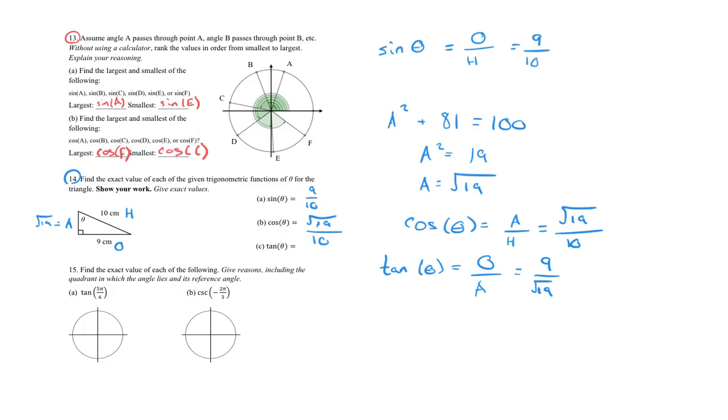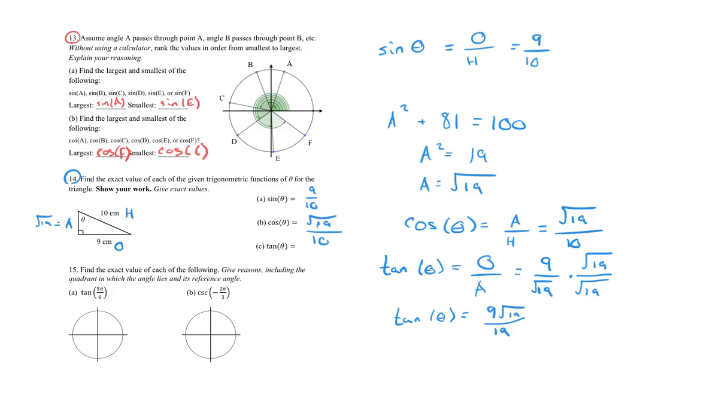So what we can do is take this and multiply it by square root 19 over the square root of 19. And if we do that, we get that tan of theta is going to equal 9 square root of 19 over 19.